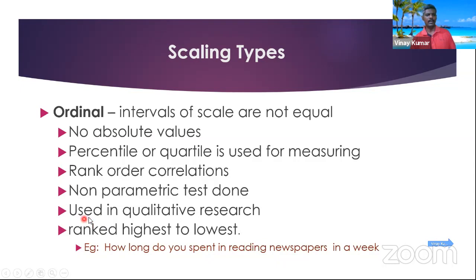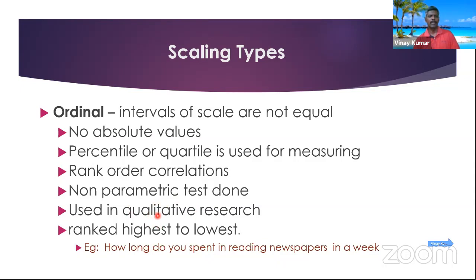Then you have the other concept here that ordinal scales are used in qualitative research. So non-parametric here indicates the qualitative data, which also is called qualitative research. So ordinal scale is used in qualitative research. For example, if I'm doing research on understanding customer satisfaction on a product, satisfaction is a qualitative concept. So I can ask the customer to rank his satisfaction from strongly disagree to strongly agree.